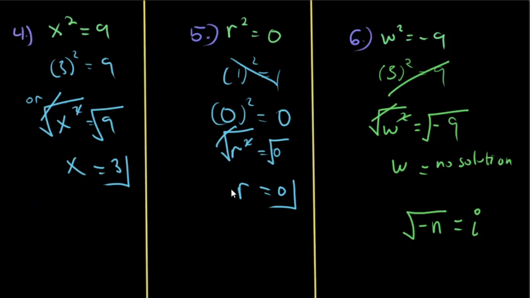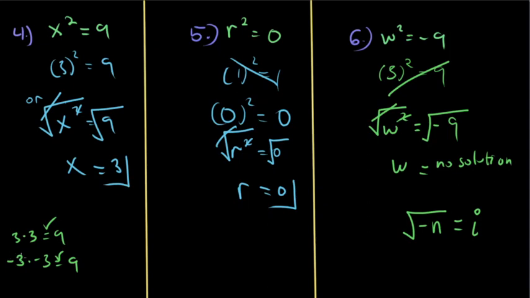Check natin ha. 3 times 3 is 9. Correct. Tama yan. But in the same way, negative 3 multiplied by negative 3 is also positive 9. Bakit? Because if we are multiplying integers with the same sign, with like signs, palaging positive yung product.